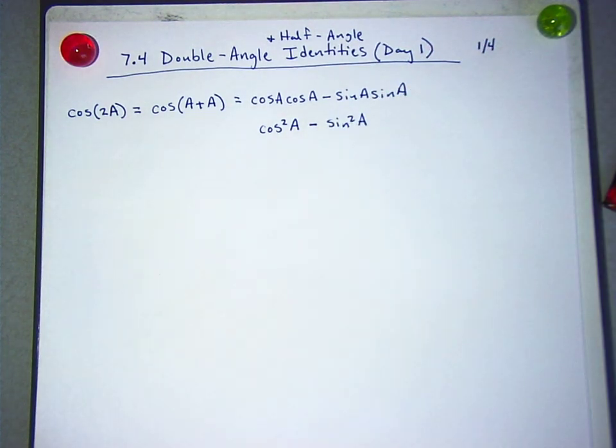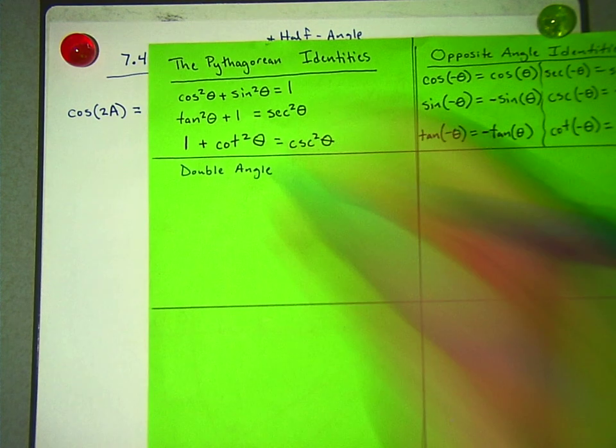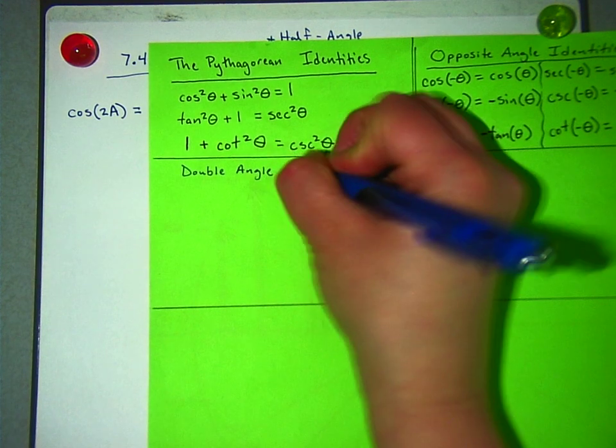So on the back of your green sheet, in the second section, we're going to write double angle identities.